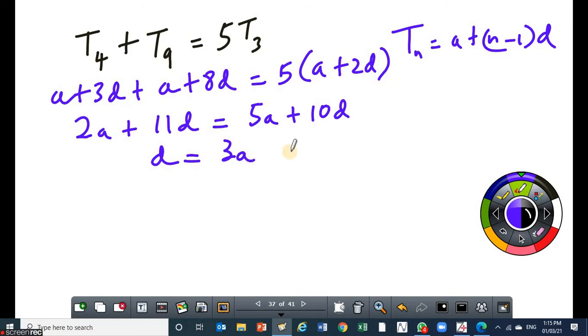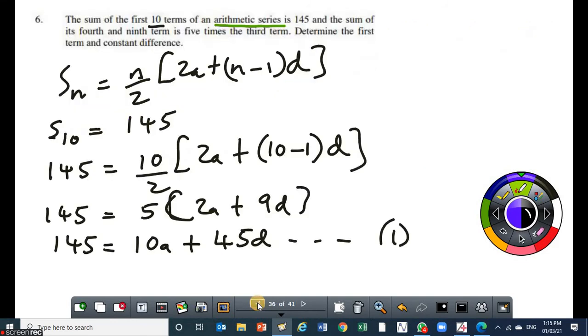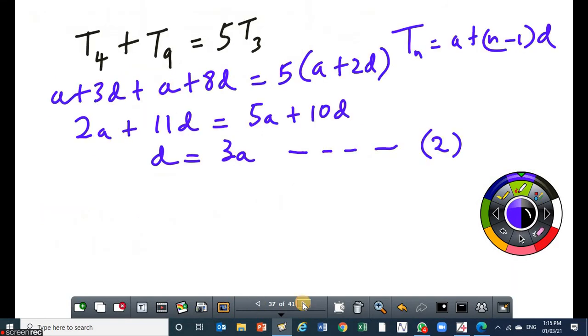Now, this equation is going to be my second equation. Are you following? Then, since it's a very simple equation, where there is d in the first equation, I'll put 3a, because d is equal to 3a.